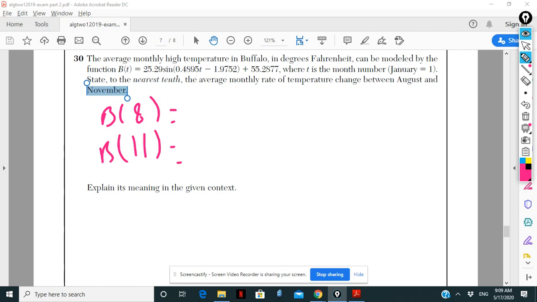After that, I'm going to say sine, giving me 0.93365, multiplying by 25.29 giving me 23.614. After that, I add 55.2877 giving me the value 78.90262.